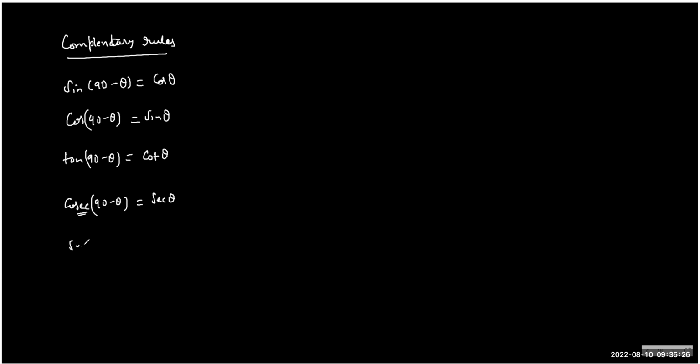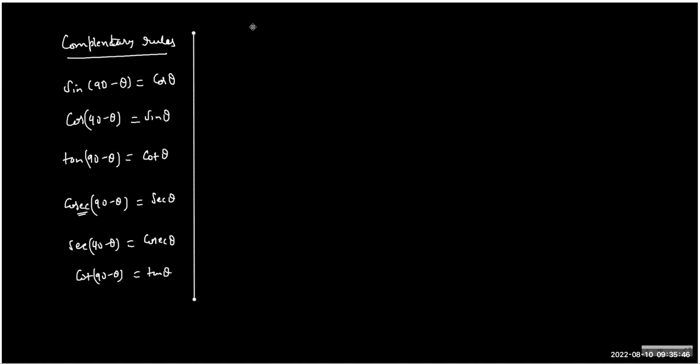So the sec of 90 minus theta is cos theta. Anything left? Sine, cos, and then cot. Okay, so this is simple. The complementary rule will come with the plus sign also, so here you have to be careful. Now the answer is very simple. Don't worry at all.